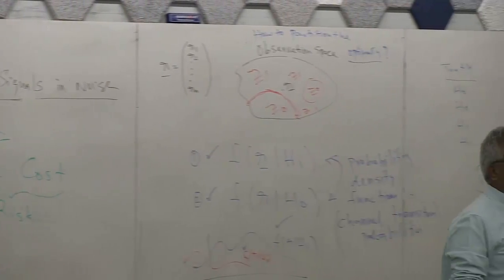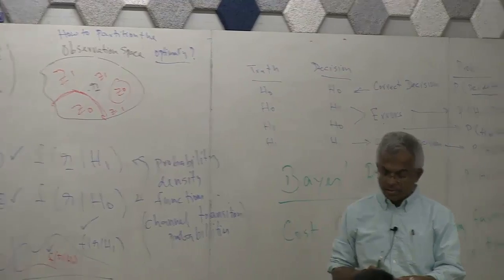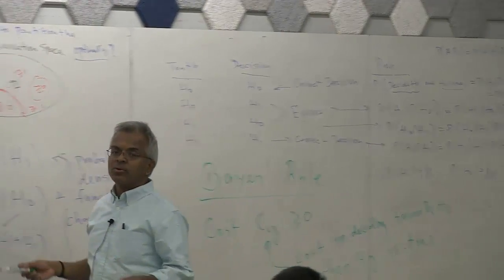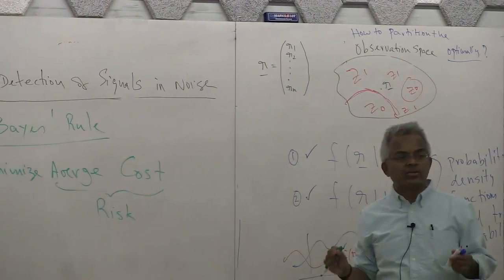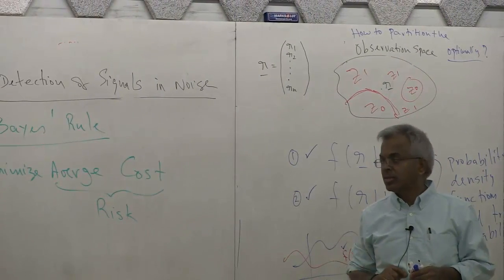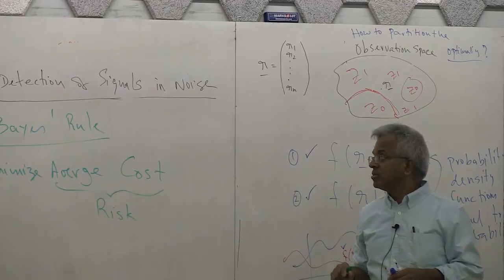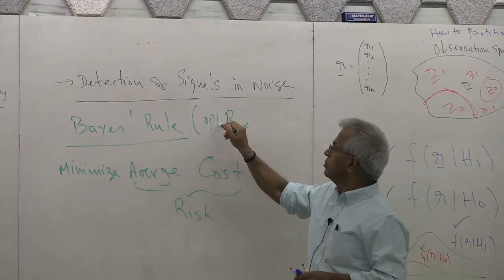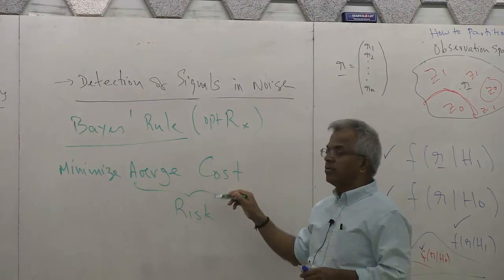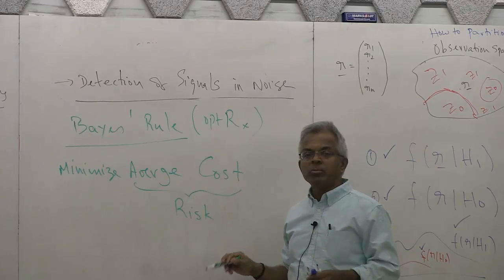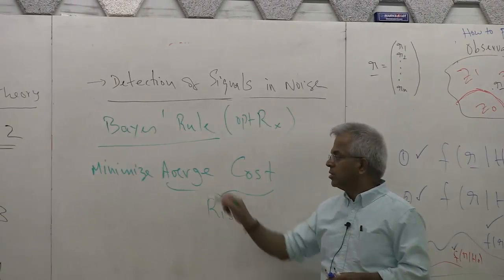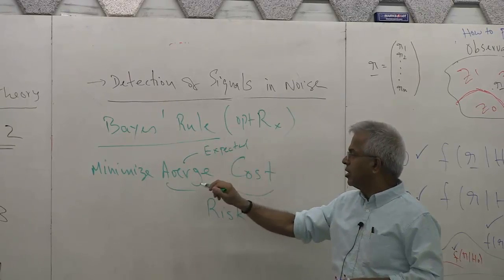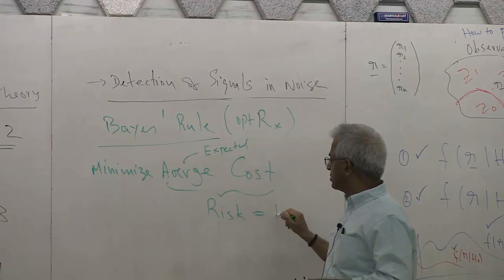But this is the fundamental philosophy behind Bayes' rule: anything you do, whether it's a good action or a bad action, there is always some cost associated with it. So your receiver design, the optimum receiver design we are going to do, should be under the principle of minimizing the average cost. You can also read this as expected cost. The average cost I am going to denote as the risk involved.